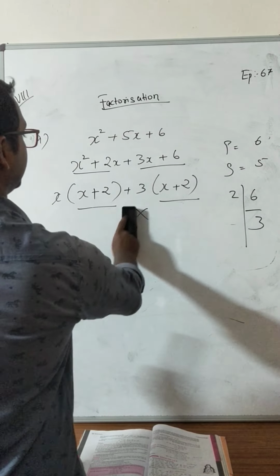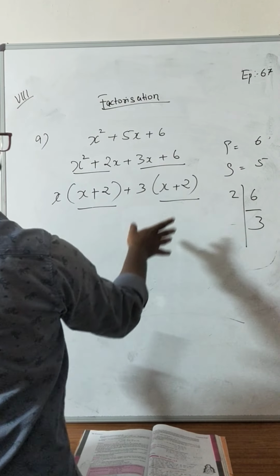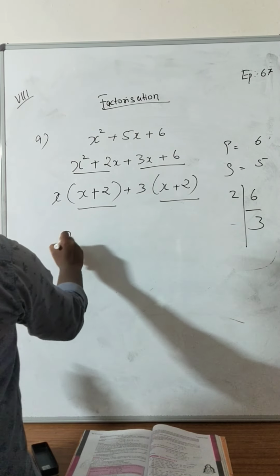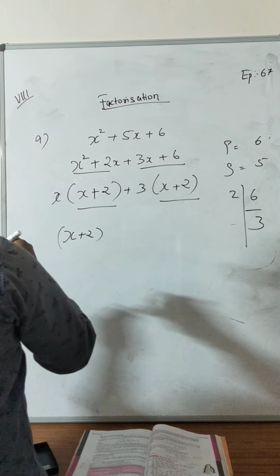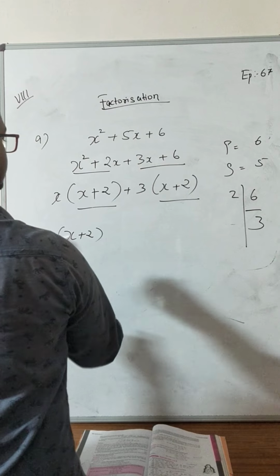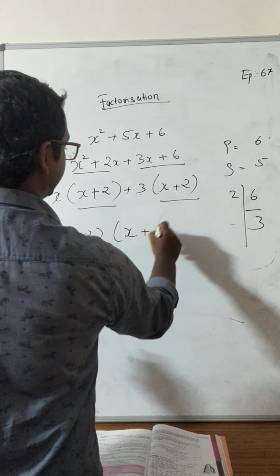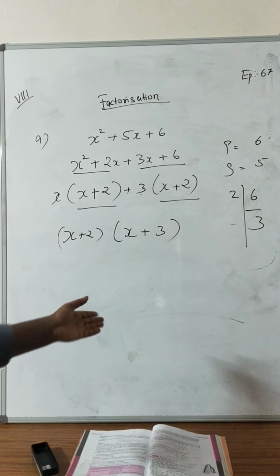Now see, x into x plus 2 plus 3 into x plus 2. Here we can take x plus 2 as common because these are two different terms and we can take x plus 2 as common from both. Then we will be left with x and 3. See, factorization done.